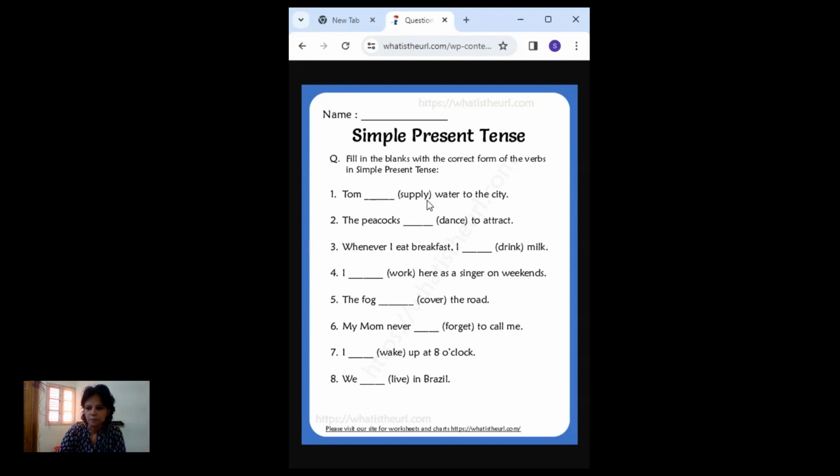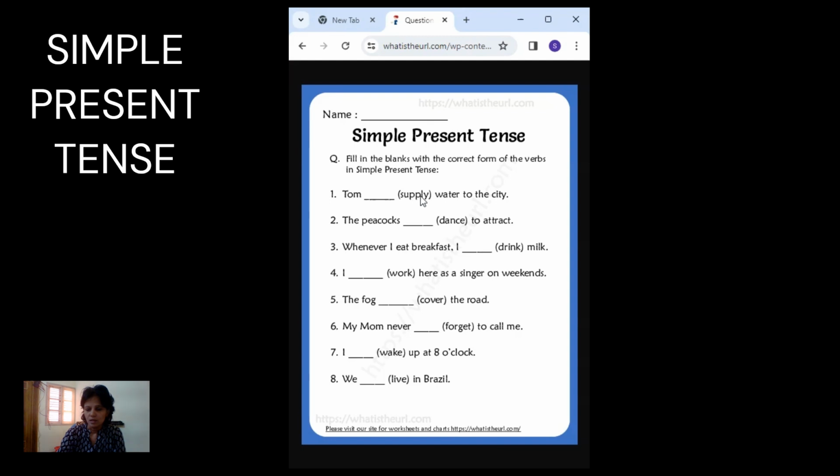Tom supplies water to the city. That is how we write. If I wanted to say it, I can say I supply water to the city. That is how we use this simple present tense. Here, Tom supplies water to the city. That is how we should write.